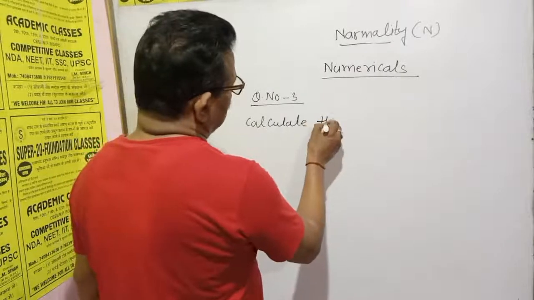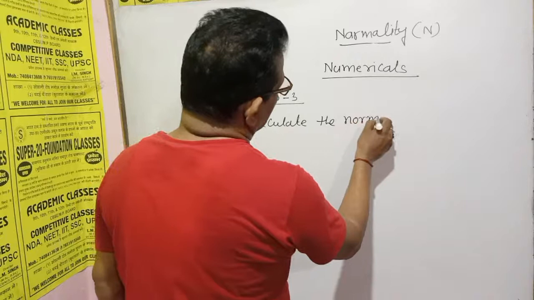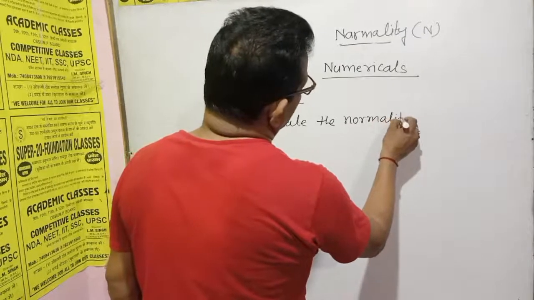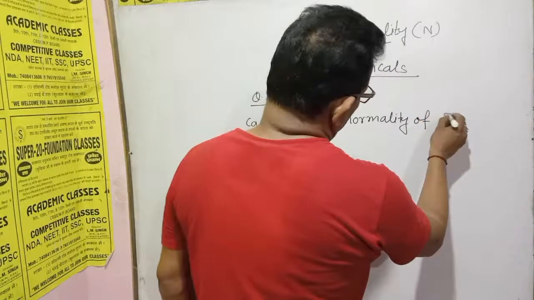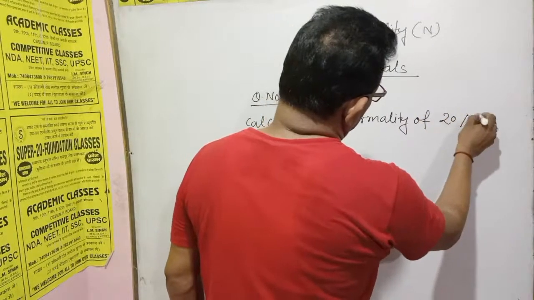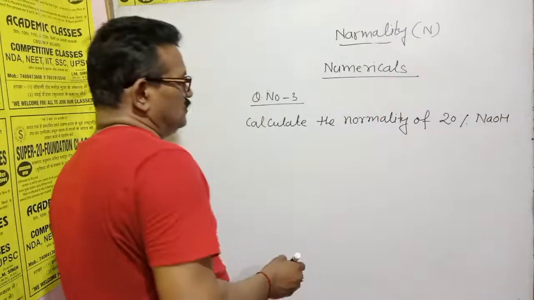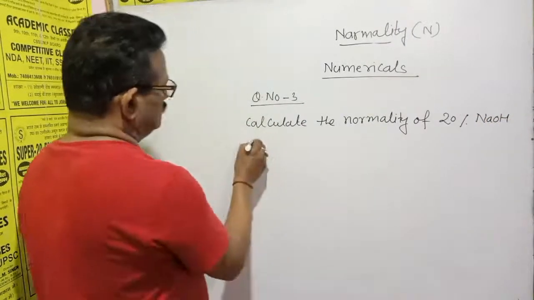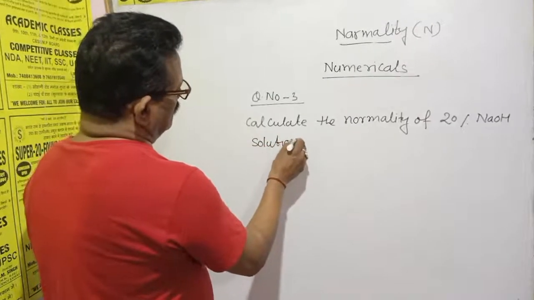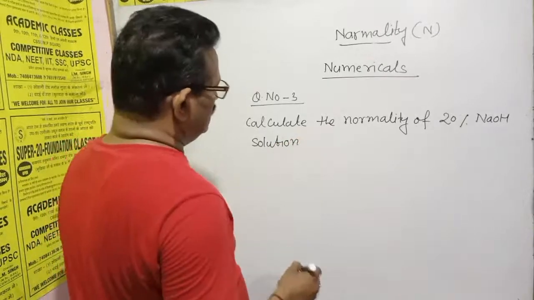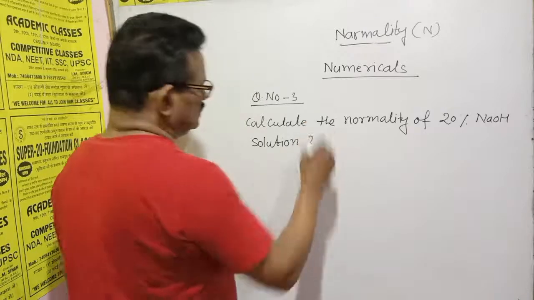Calculate the normality of 20% NaOH solution. This is your question here.